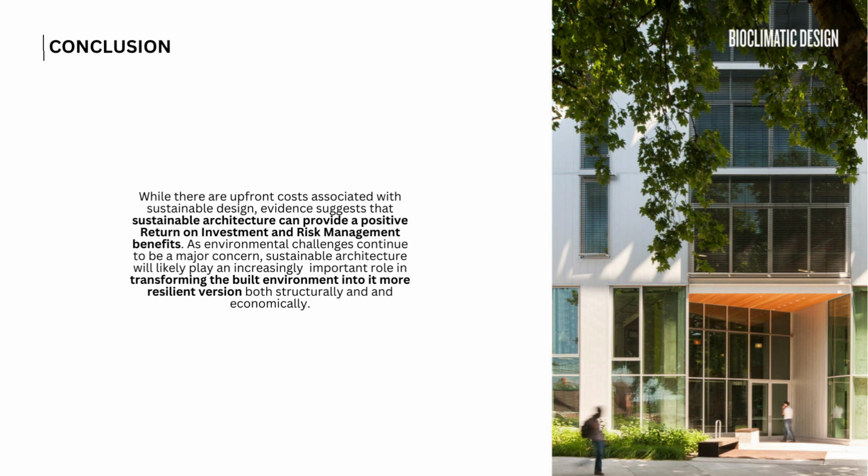And in conclusion, while there are upfront costs associated with sustainable design, evidence suggests that sustainable architecture can provide a positive return on investment and risk management benefits. As environmental challenges continue to be a major concern, sustainable architecture will likely play an increasingly important role in transforming the built environment into a more resilient version, both structurally and economically.